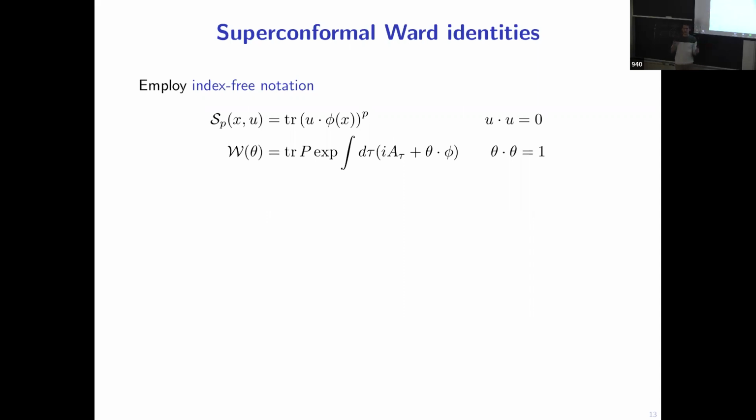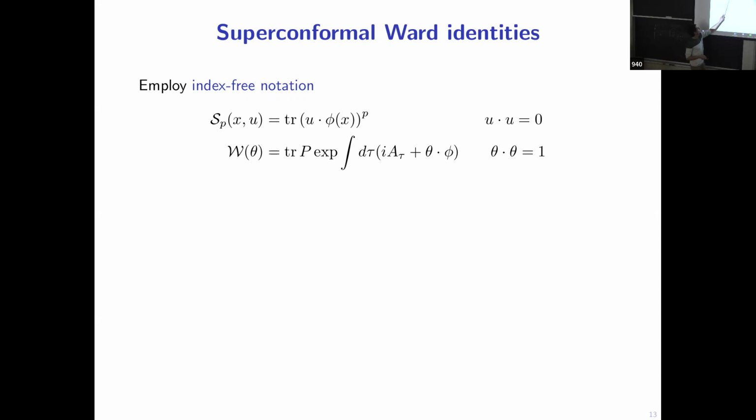For now, I've been very schematic about the R-symmetry and about indices. These chiral primary operators actually contain p copies of the fundamental field phi, and each of them has some index. In order to implement the fact that this has to be symmetric and traceless, the most efficient way is to contract it with a polarization u that has to be null. The null condition implements the fact that this is traceless.